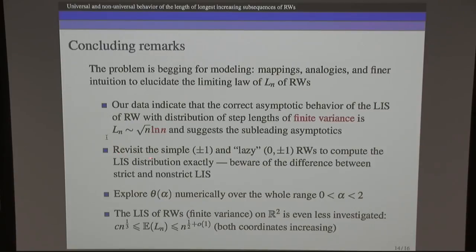So we need to revisit these simple and lazy random walks, because this is easy to solve. And in fact, for step lengths of size 1, the quantity is the range, which is the record. The range, and if you pick an excursion that is always conditioned to be positive, it's the record of this thing.